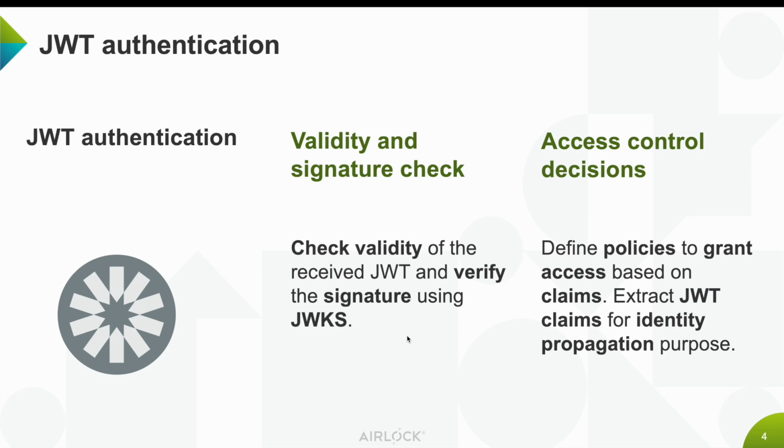For protected web applications that do not natively support JWT, Microgateway can extract information from JWT claims for identity propagation, enabling seamless integration. For example, a simple header containing the username can be sent to the protected web application.